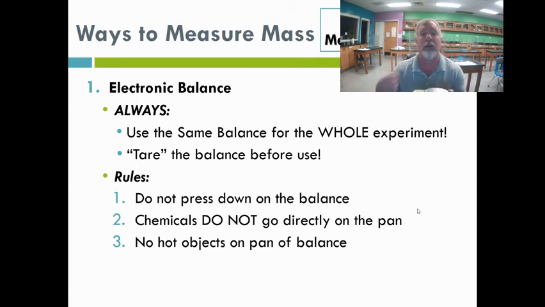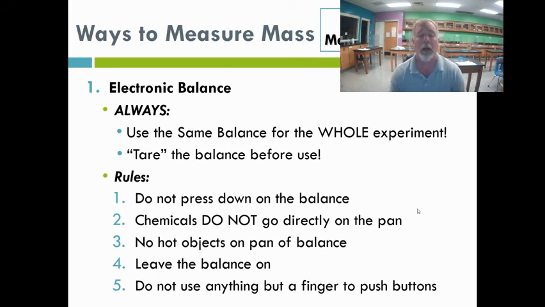We're going to put the hot object in something else. We want to protect the top of our balance. And always leave the balance on, please. Don't turn it off. It'll be on. Put your container on here. Press the 0 button to get it zeroed. Put your chemical in. Weigh your chemical. Take your beaker or your weighing boat off. Leave it alone. Leave the scale on, please.